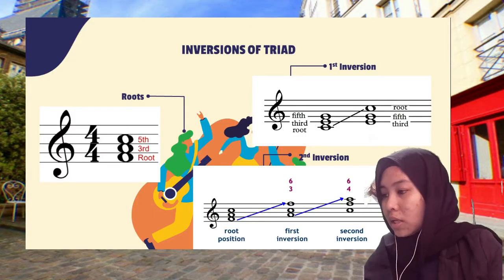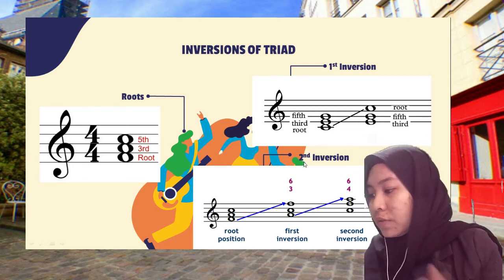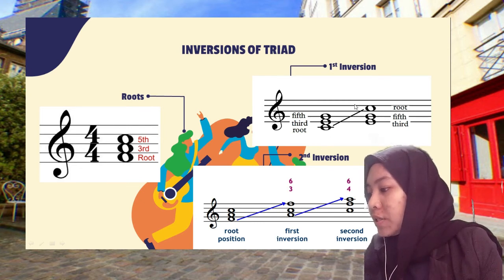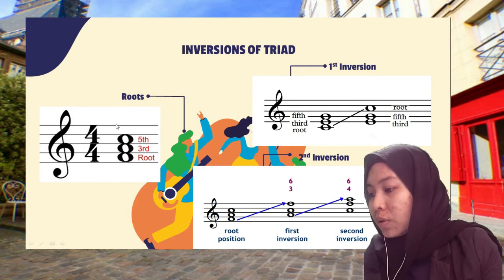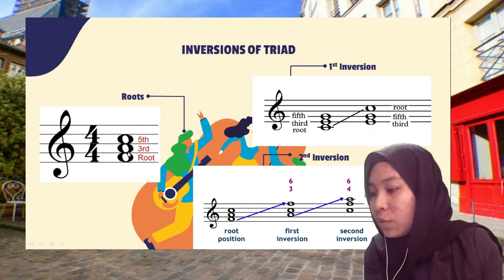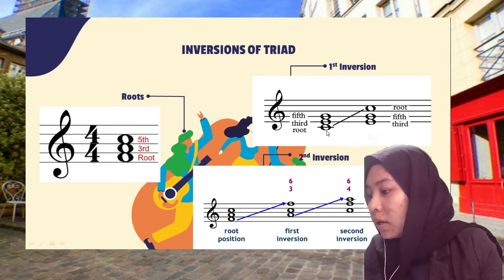Okay, now next, let's go here, the inversion of the triad. For the first inversion, as you can see, this is the root, which has not moved by any semitone. It was stacked here, and then we go to the first inversion.